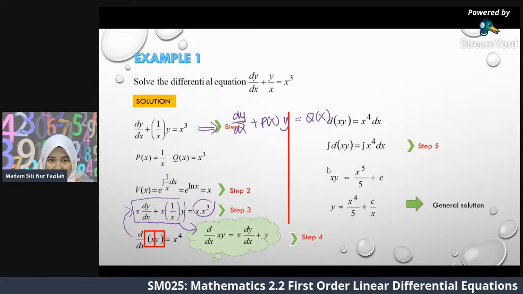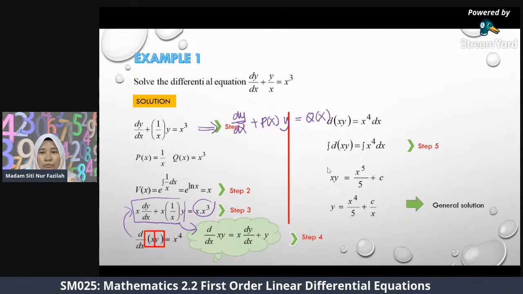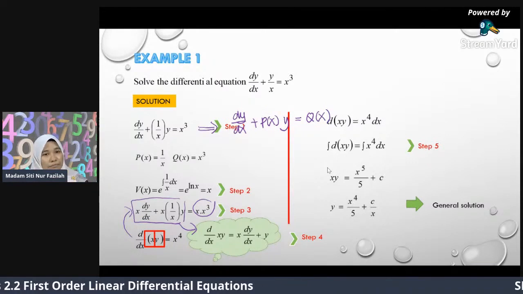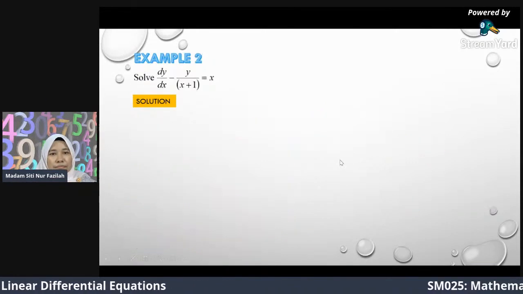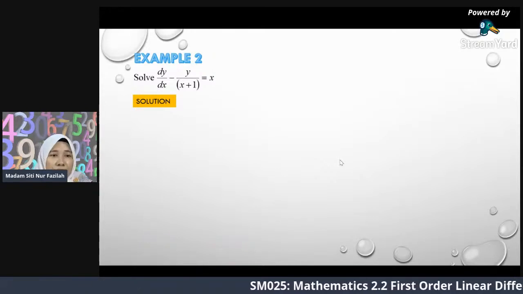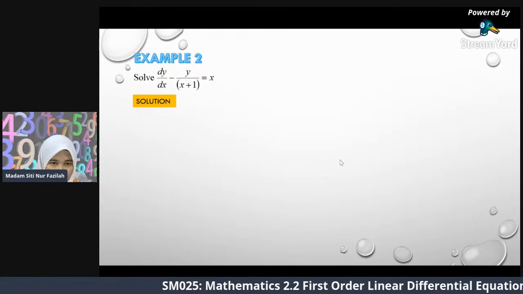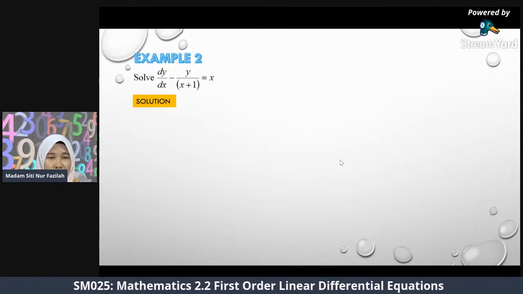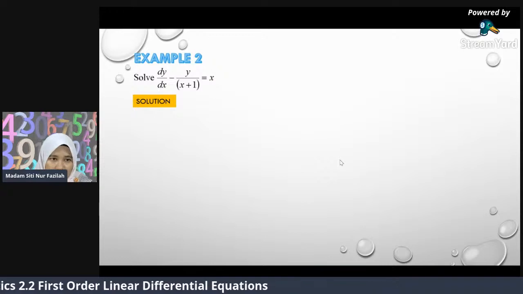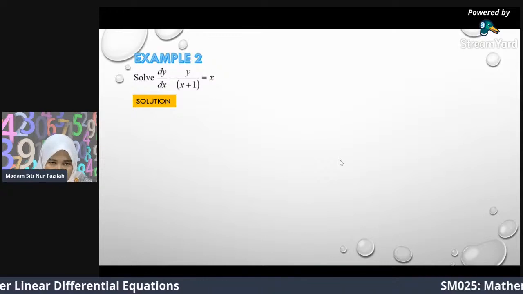Next we go to another example. For example 2, solve dy over dx minus y over x plus 1 equal to x.